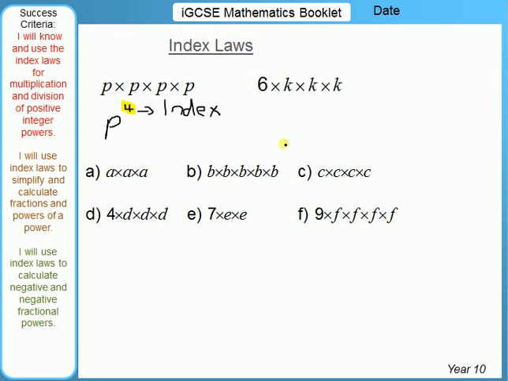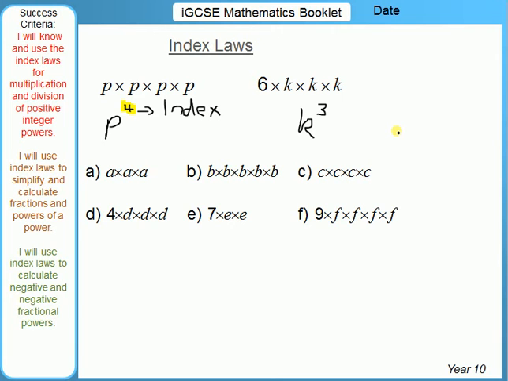Now, when we have whole numbers and letters, we treat them separately. Let's look at the second example. So here we have k times k times k. That will be k cubed, or k to the power of 3.